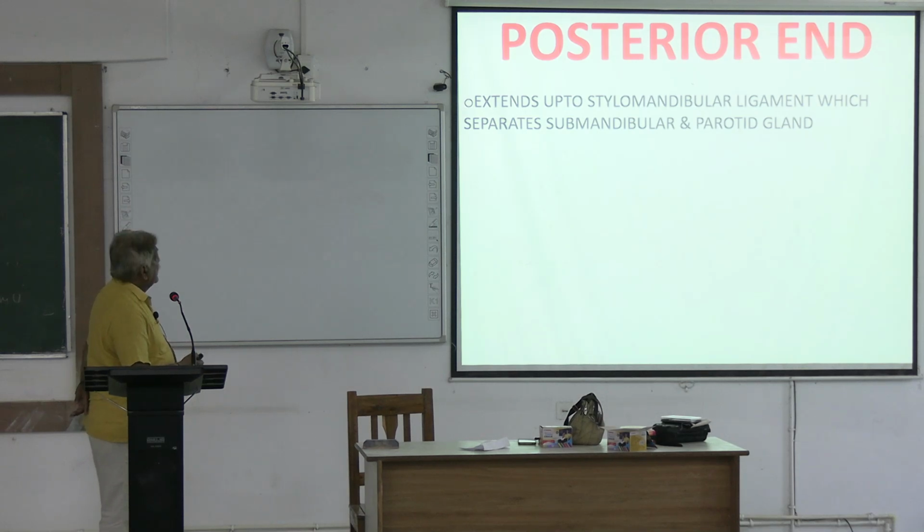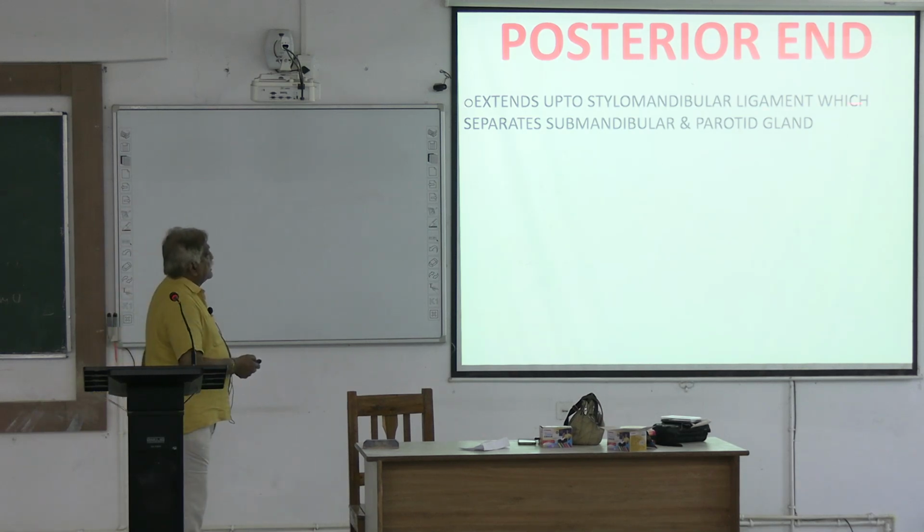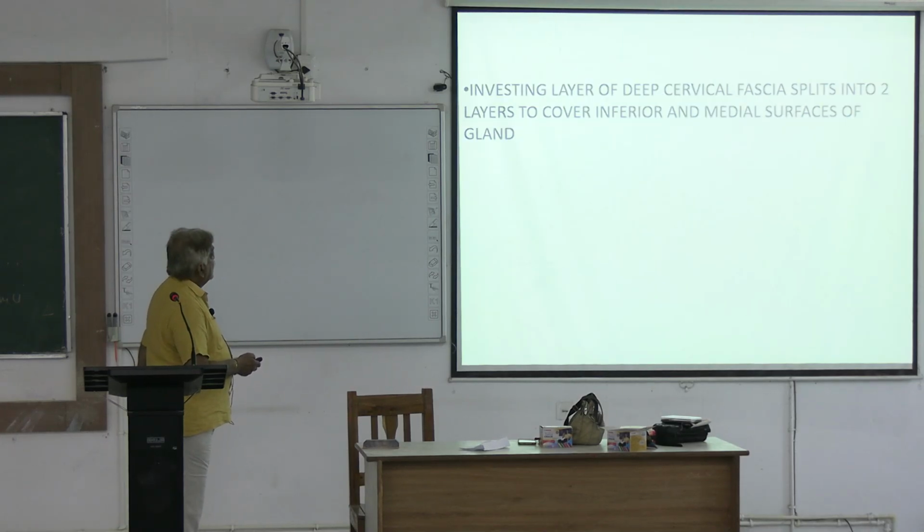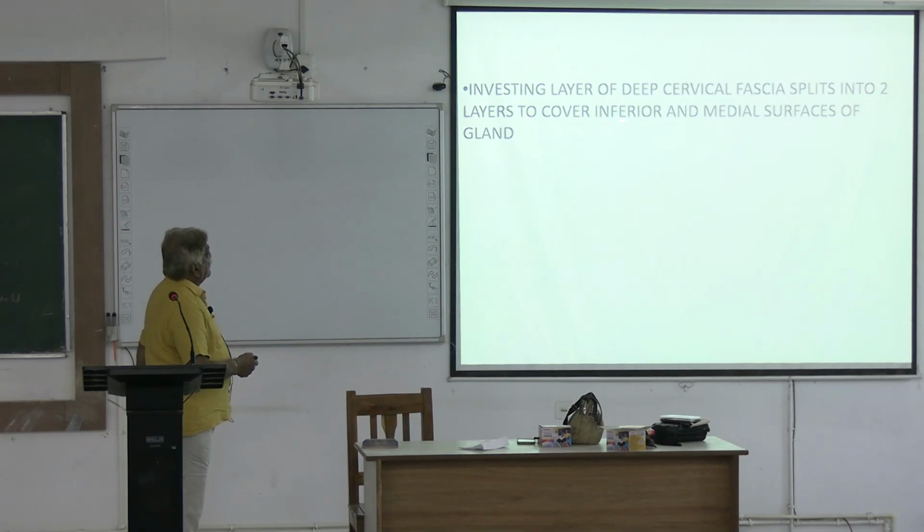The posterior end extends up to the stylomandibular ligament, which separates the submandibular and parotid gland. The investing layer of deep cervical fascia splits into two layers to cover the inferior and medial surfaces of the gland.